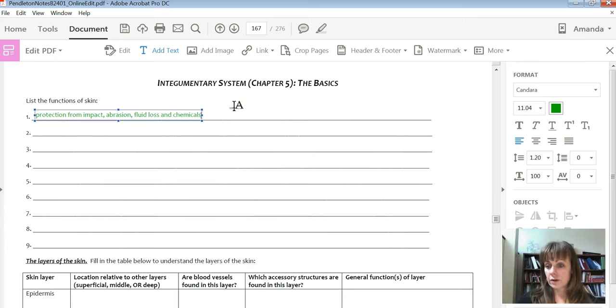And just like for this potential burn victim that we talked about, understanding that preventing fluid loss is a function of the skin is going to be important for treating people that have problems with the skin, such as in extreme burns.